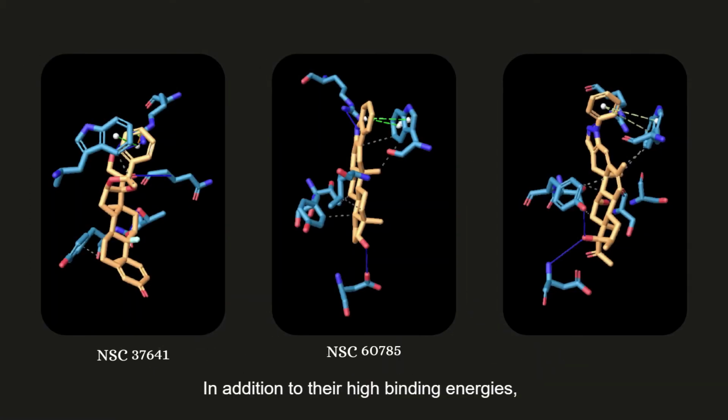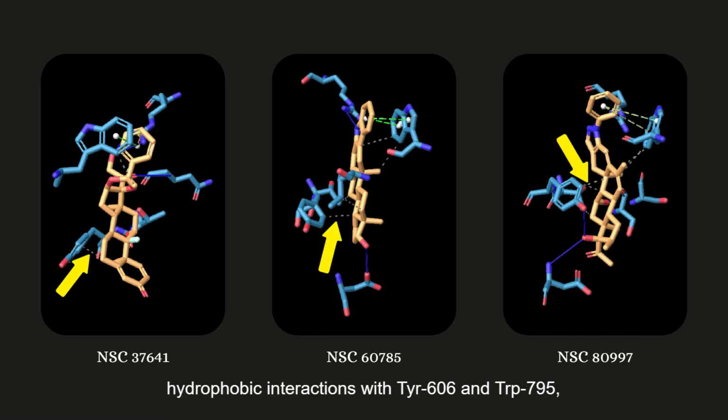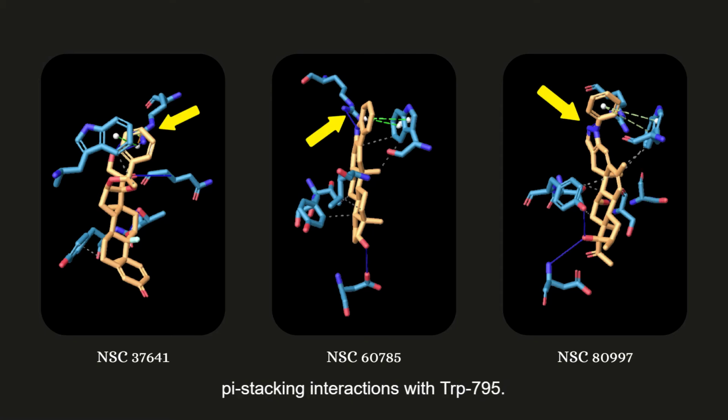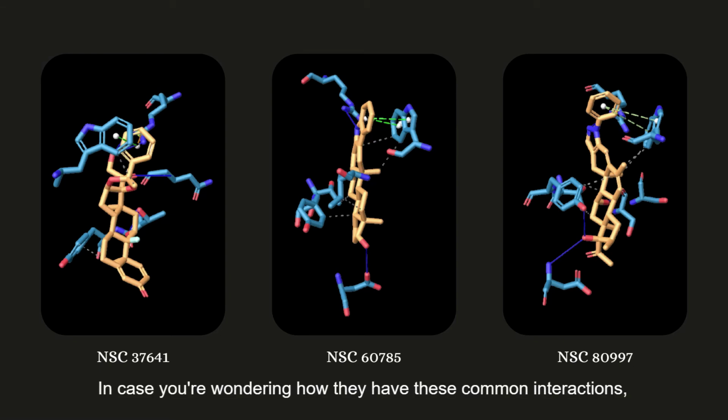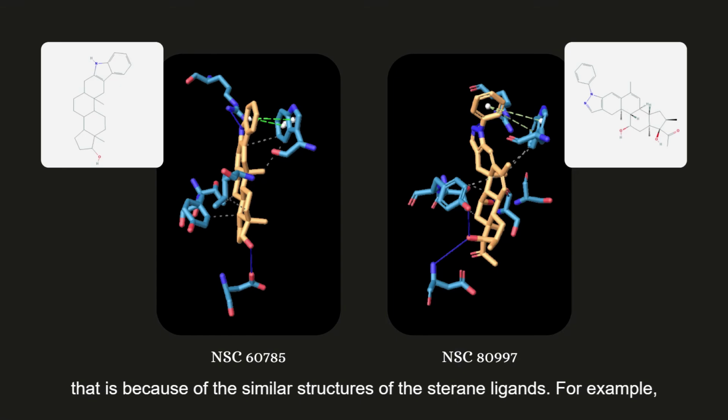In addition to their high binding energies, each sterane ligand showed similar interactions with the binding site of RdRp. Hydrophobic interactions with tyrosine 606 and tryptophan 795, hydrogen bonding with arginine 481, and pi stacking interactions with tryptophan 795. In case you're wondering how they have these common interactions, that is because of the similar structures of the sterane ligands.